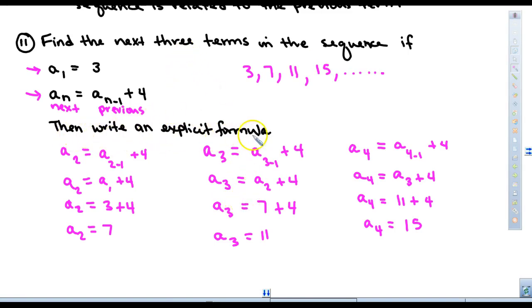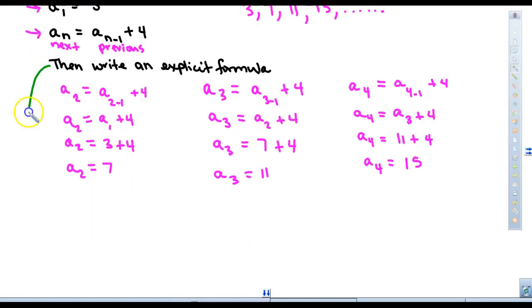Now it says write an explicit formula. So that means to use a sub n is equal to a sub 1 plus n minus 1 times d. Okay? So my explicit formula, a sub n is equal to a sub 1 plus n minus 1 times d. Remember, when you write an explicit formula, you want to leave that in terms of n.